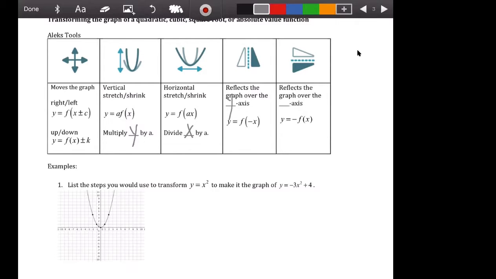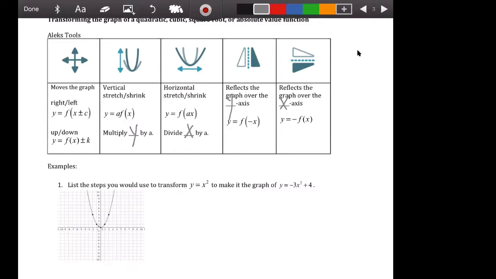Conversely, if the negative is outside of the grouping symbol, you're going to change the y-coordinate and you're going to reflect over the x-axis.